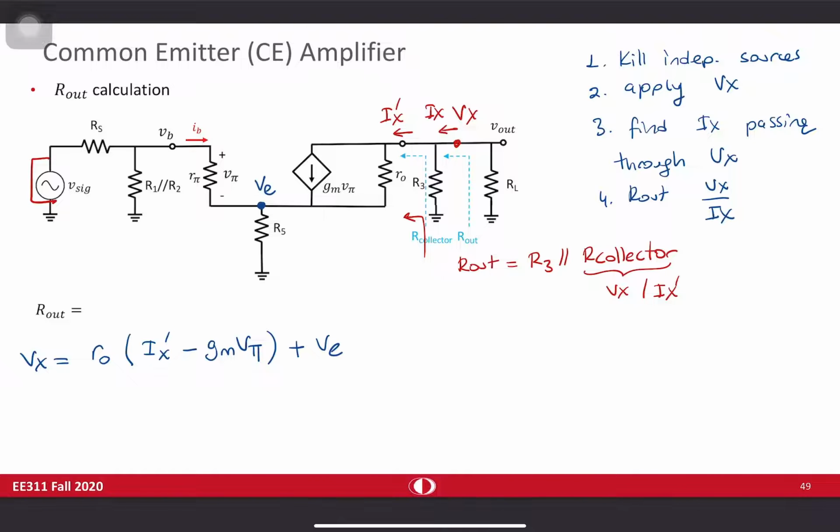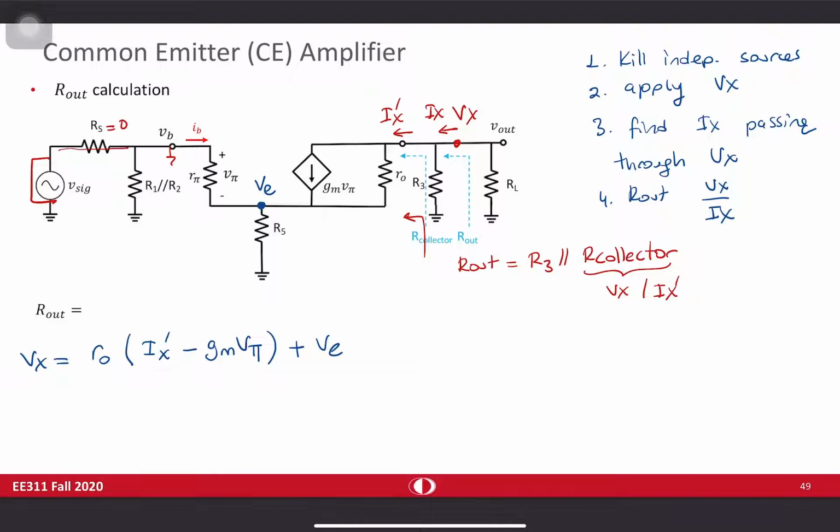Please do not assume it's 0 when you are solving by yourself. But I just want to show you some technique. By taking Rs into account right now, things are getting complicated. But just for the time being, assume that Rs is equal to 0. This is going to simplify my work significantly. Then, because of that, this node will be grounded and VB will be grounded.